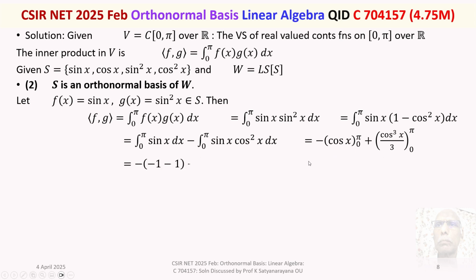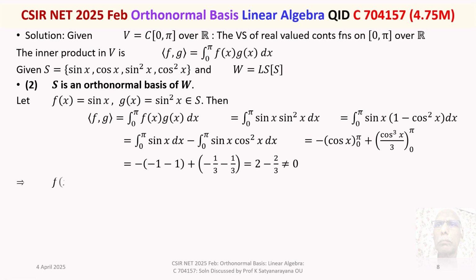Now see, minus cos pi minus minus cos 0, that is 1 plus 1, plus 1 by 3 into cos cube pi. Cos pi is minus 1, its cube is minus 1, minus cos cube 0, that is minus 1. So that will be 2 minus 2 by 3, which is not equal to 0.